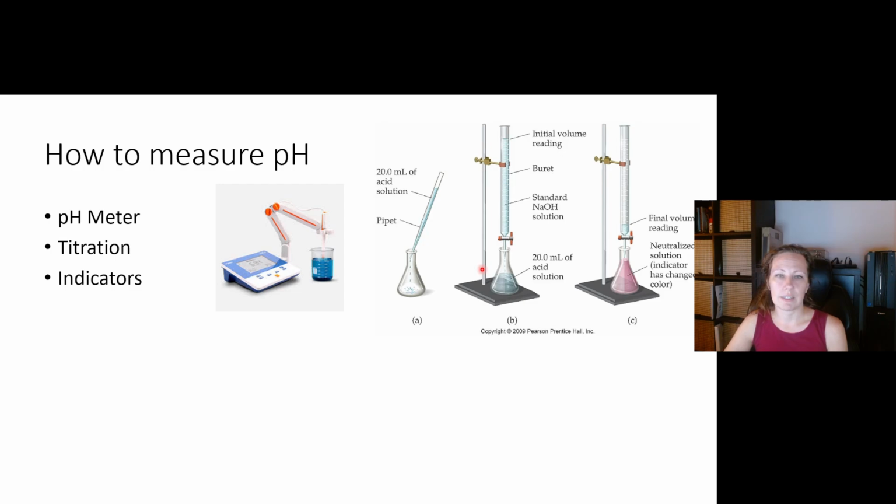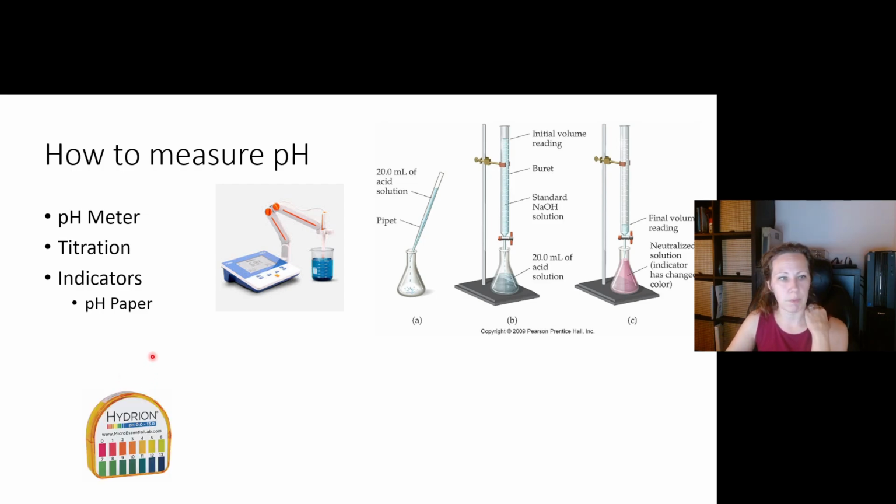Then there are various indicators that you can use that are less accurate, less precise than the pH meter or titration. So the most precise would be the pH meter, then titration. Next would be pH paper, if we're looking at indicators. pH paper is like a paper like this.